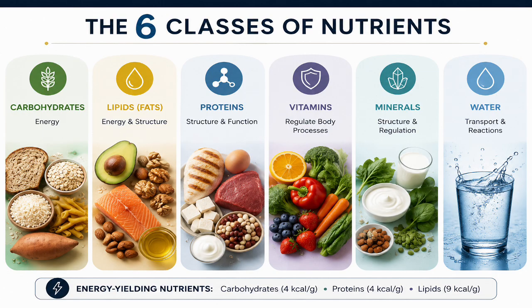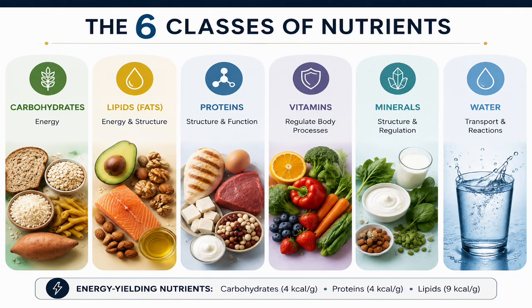So the human body, follow along on this slide, requires 6 major classes of nutrients: carbohydrates, lipids or fats, proteins, vitamins, minerals, and water. You're going to see these 6 categories throughout the semester, so it's worth getting comfortable with them now. Now, they don't all do the same thing. Carbs and fats are important sources of energy.